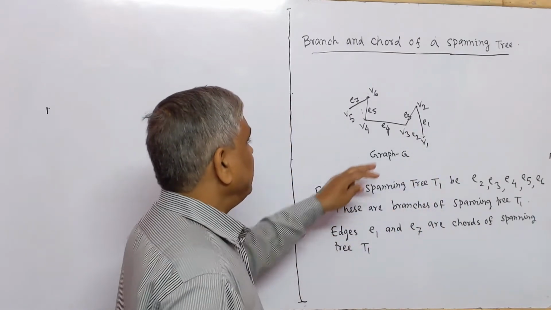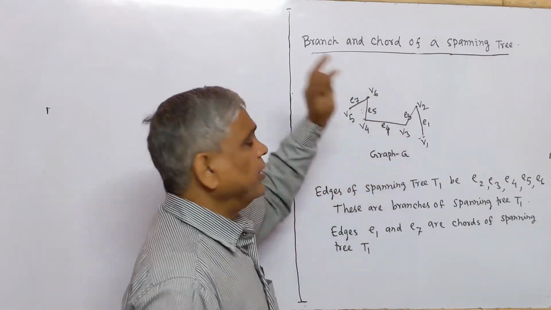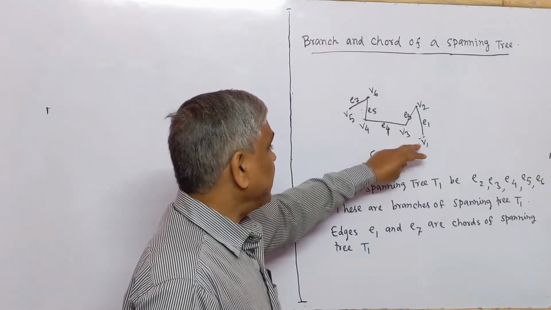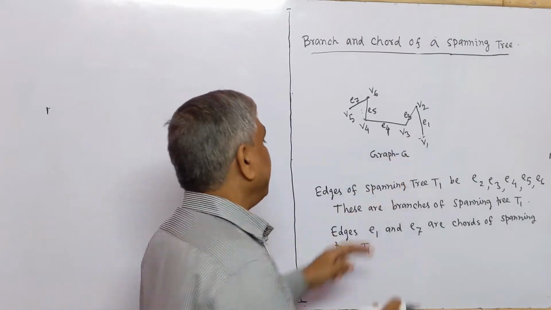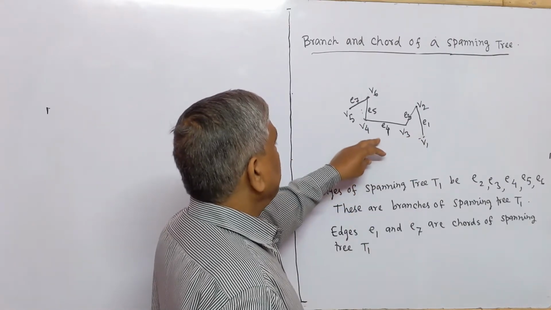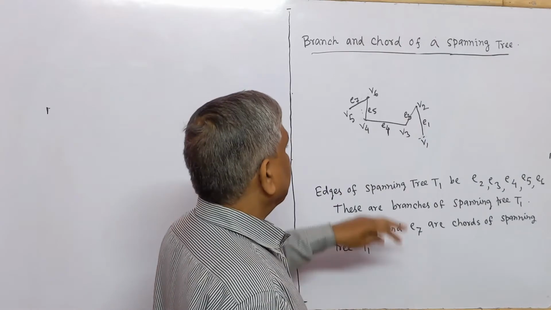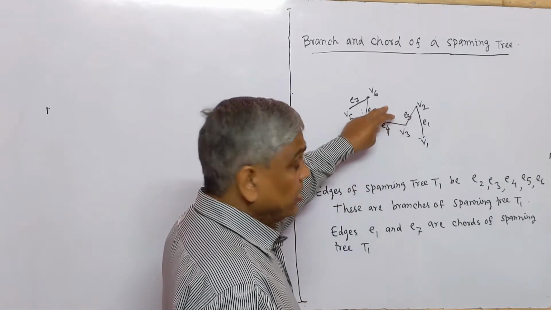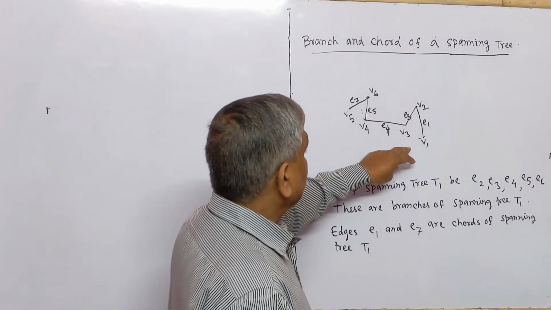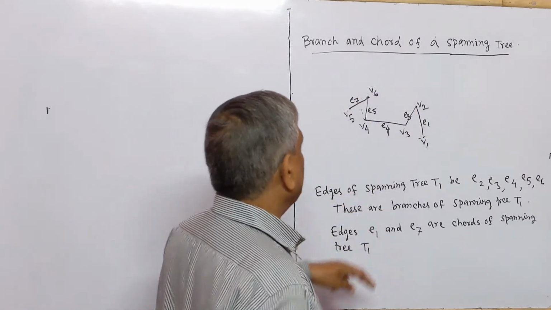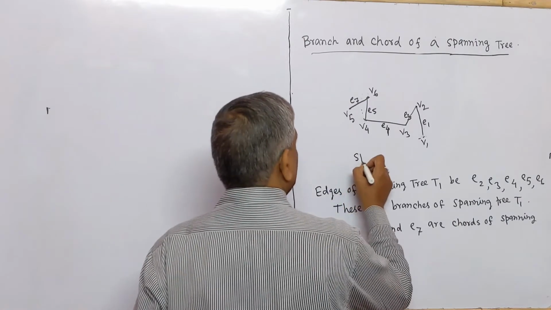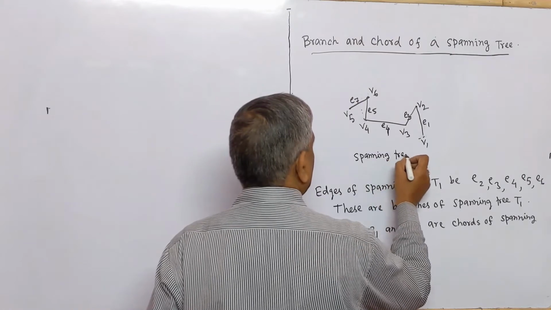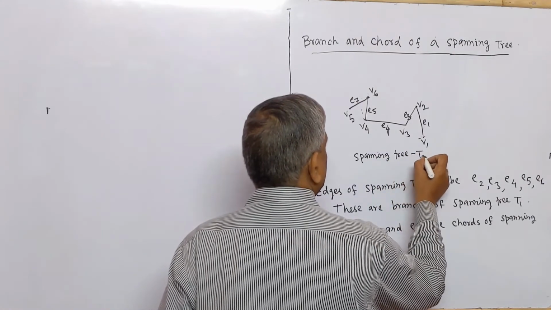The graph is still connected and the vertices are the same as in graph G. So this will be a spanning tree, a connected circuitless graph having the same vertices of G. This is spanning tree T2.